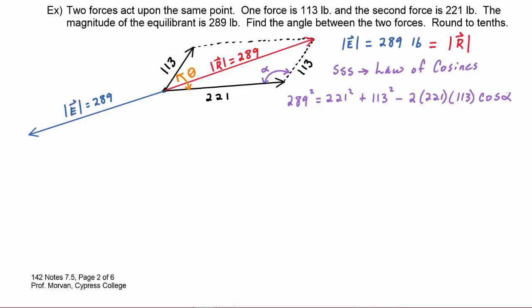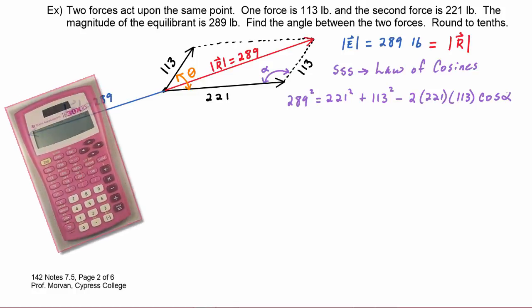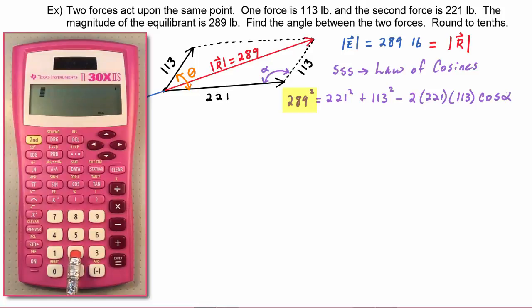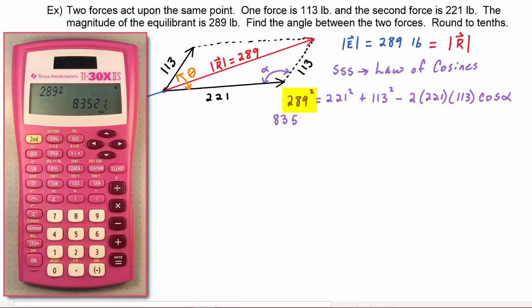So let's go ahead and start finding some of these values. 289 squared is 83,521. If we go ahead and add these two squares together, 221 squared plus 113 squared, we get 61,610.